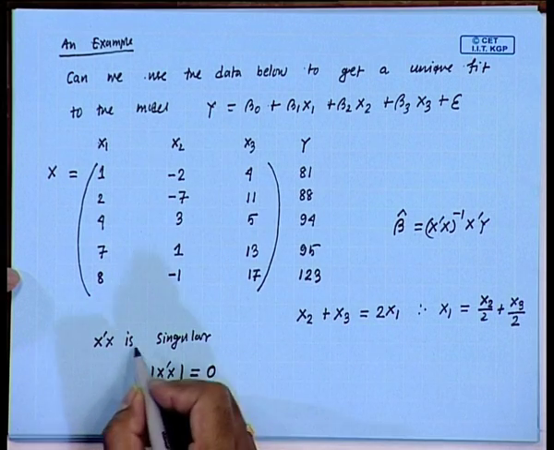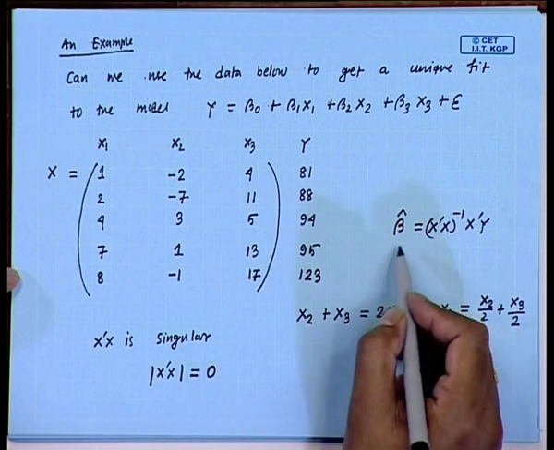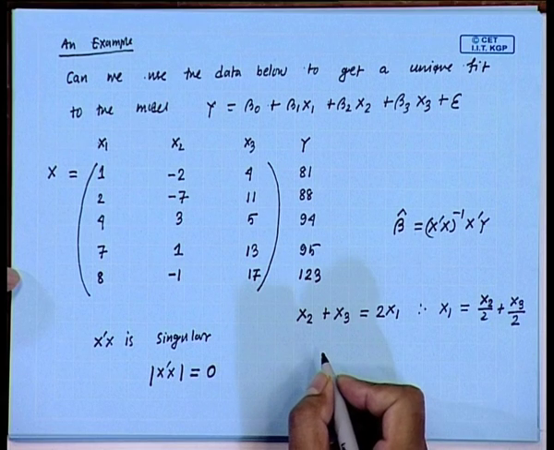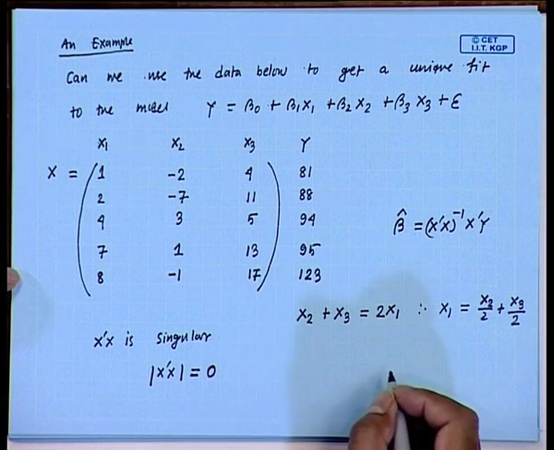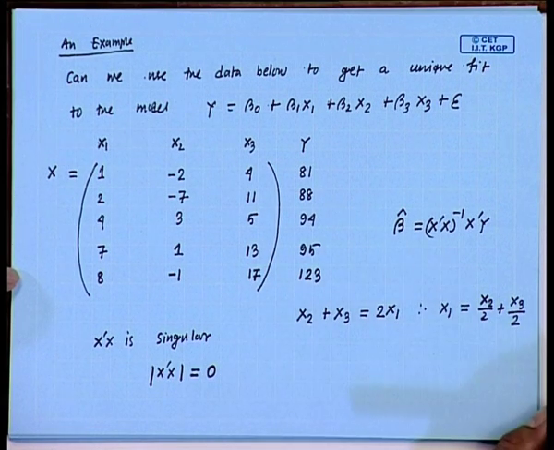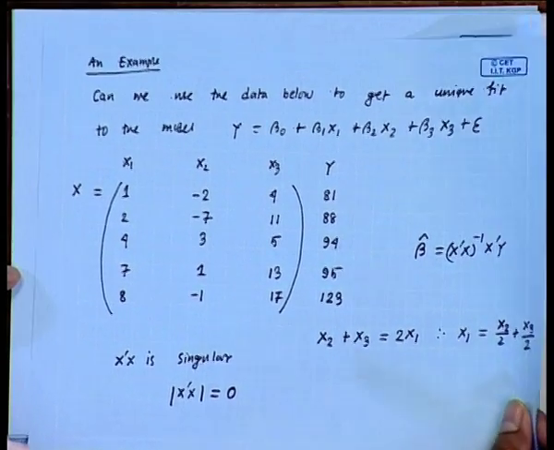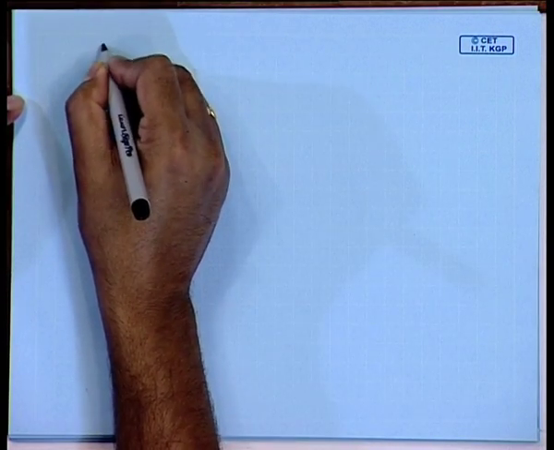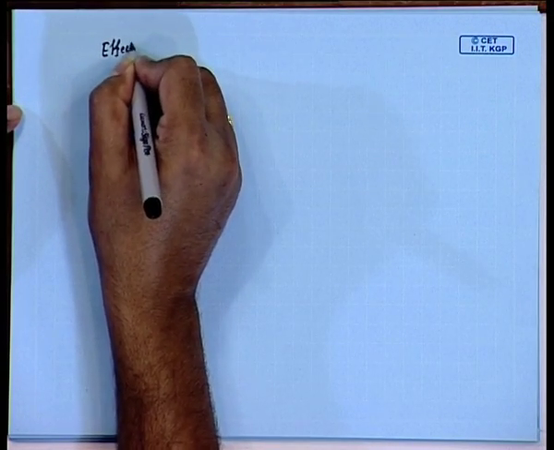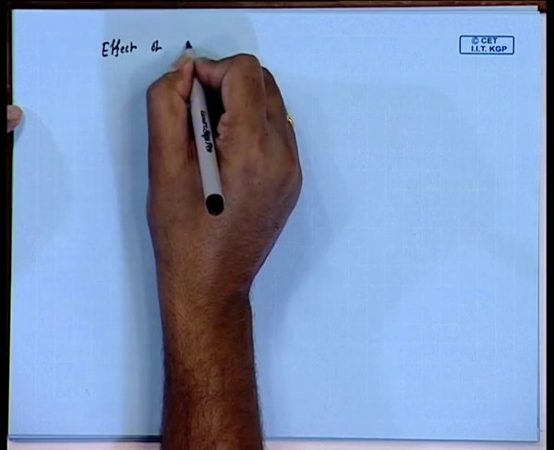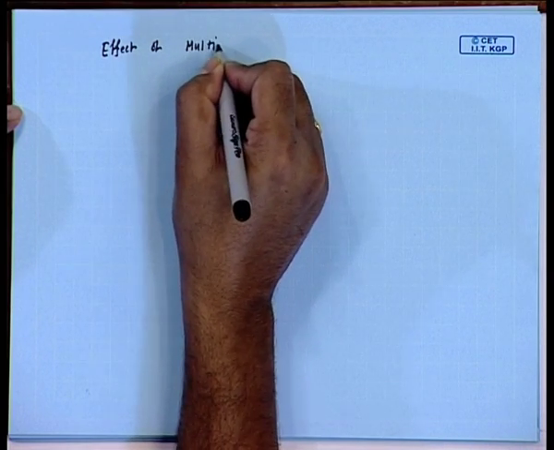So, that is why X prime X is singular, and the problem of collinearity exists here. Okay. So, next we will be talking about the effect of multicollinearity.